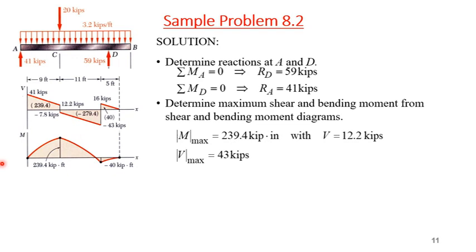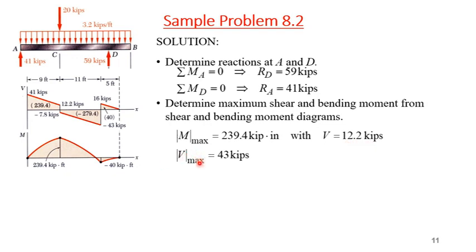Then the bending moment diagram will be like this, and it will be one order higher than the shear diagram. The maximum bending moment is 239 kilopound inch, and over there the shear force is 12.2 kilopounds.